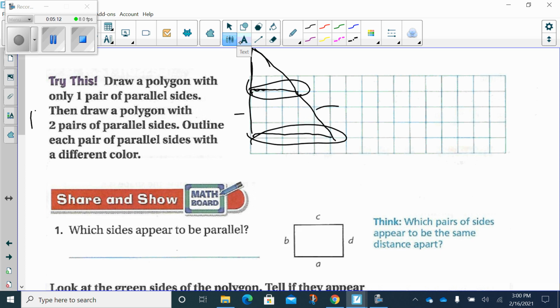So let's do another one with two pairs of parallel lines. I'm going to go straight down, go across, straight up, the same distance on both sides, same distance on those sides. You see how these two lines are parallel and these two lines are parallel?